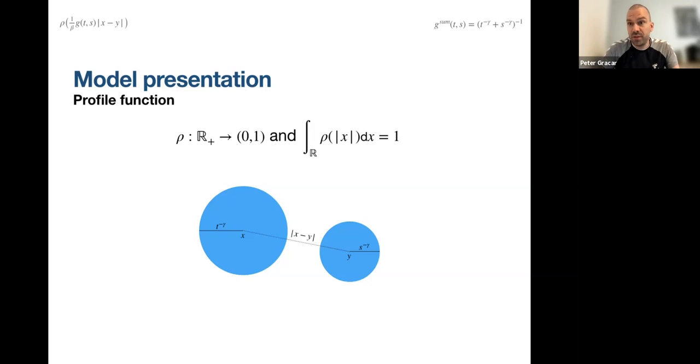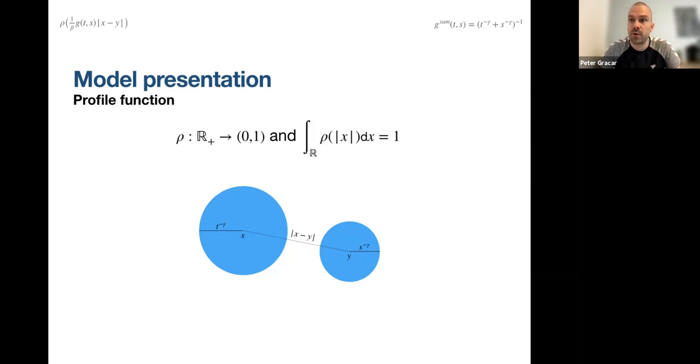If we interpret these as radii of balls, then the question is, how large are these radii compared to the distance between x and y? And this is precisely what we end up plugging into the rho function there, because we just plug in the kernel function divided by the distance. And then if this ratio is smaller than 1, it means that the radii together are larger than the distance.